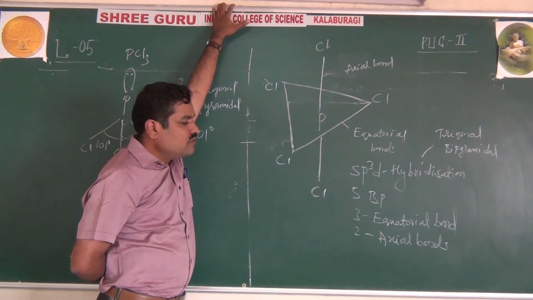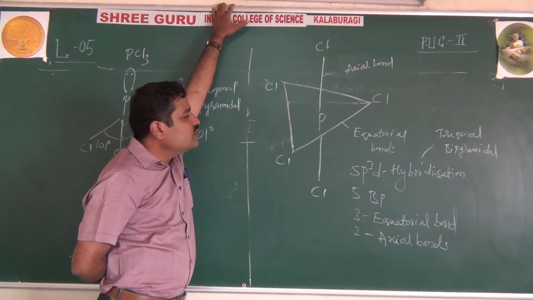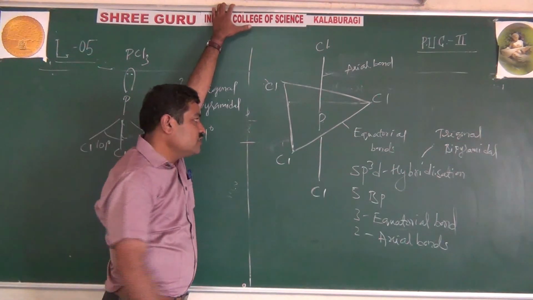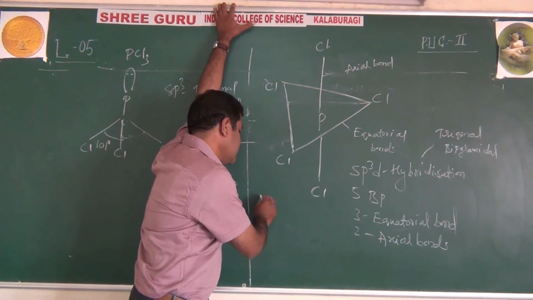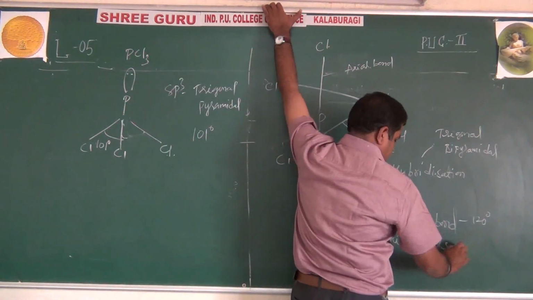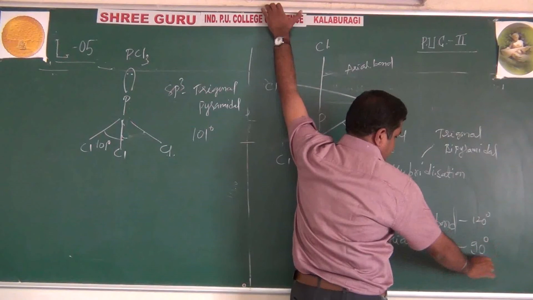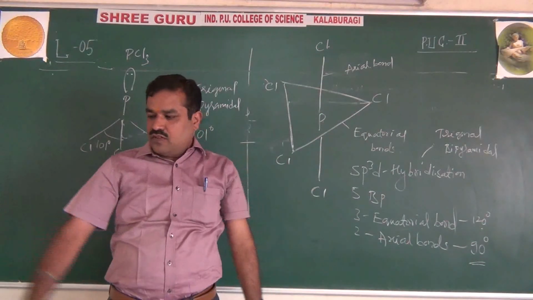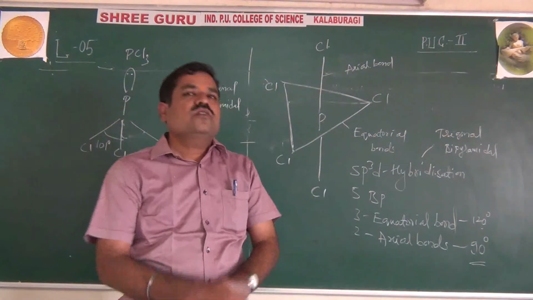Axial bonds suffer more repulsion than equatorial bonds. Equatorial bonds have 120 degrees, whereas axial bonds are 90 degrees to the equatorial ones. Like this is the completion of all the compounds of phosphorus.